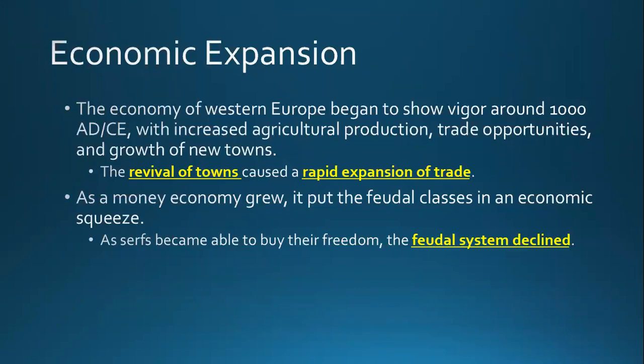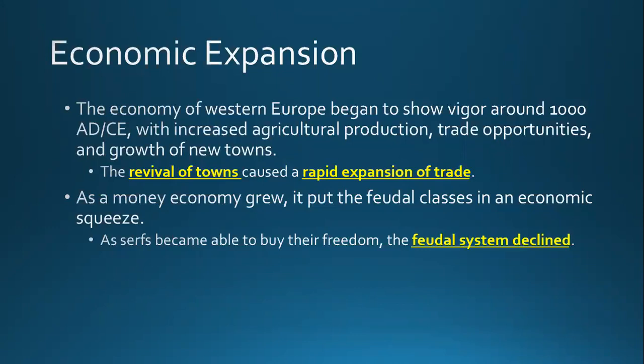Now, this is also going to increase agricultural production for these towns and the people living there. So there's going to be more of a surplus of food. You get more population growth, and that's going to lead to expansion of towns and cities and all that goes with it.